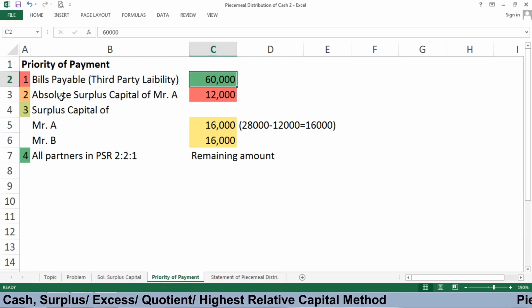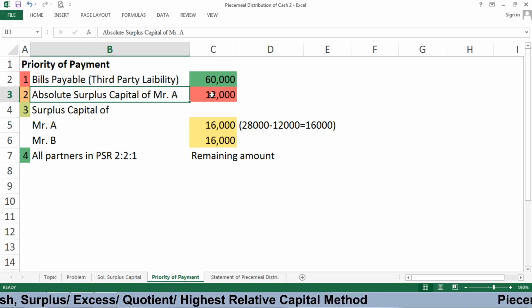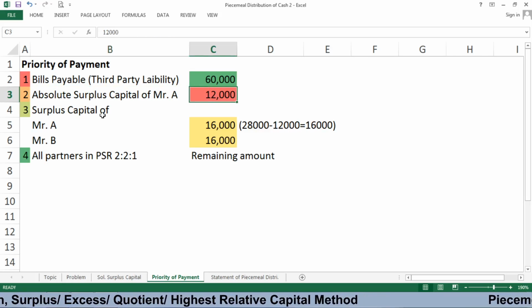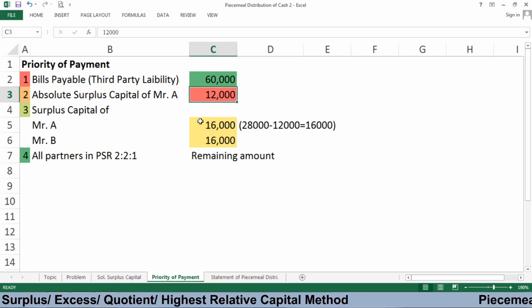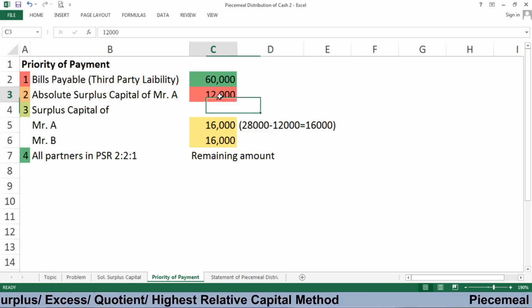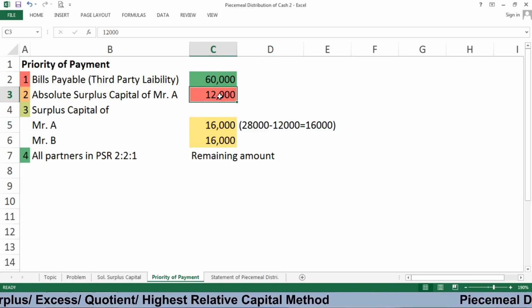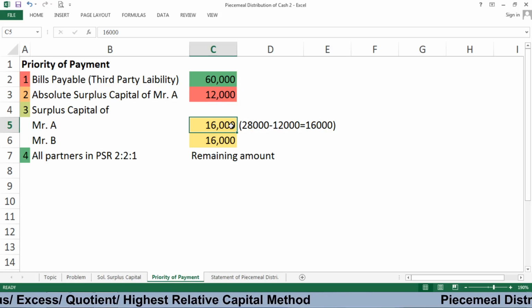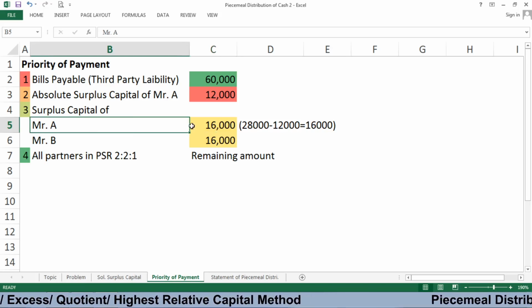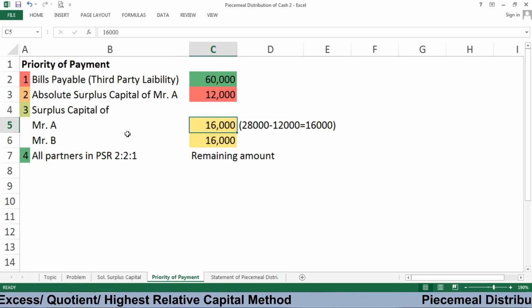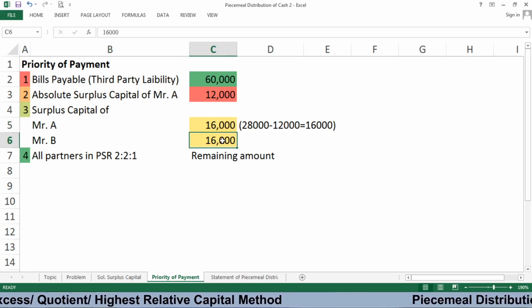Later on there is no external liability, so the absolute surplus of Mr. A is 12,000, and then the surplus of A is 28,000. But here we have already paid rupees 12,000 to Mr. A, hence he will get only 16,000 in this second step. So Mr. A will get 16,000 and Mr. B will get also 16,000.